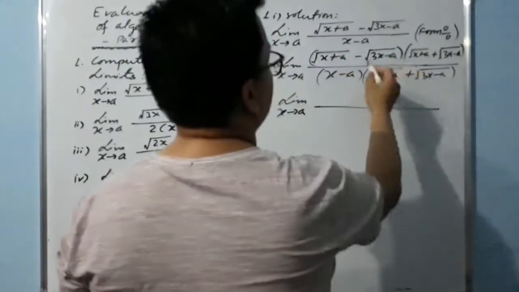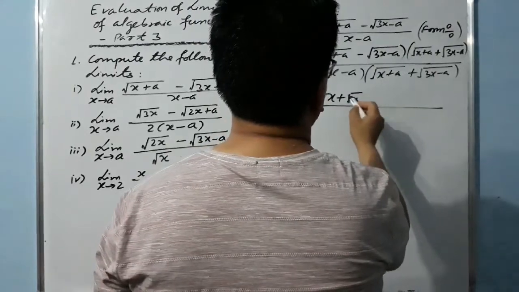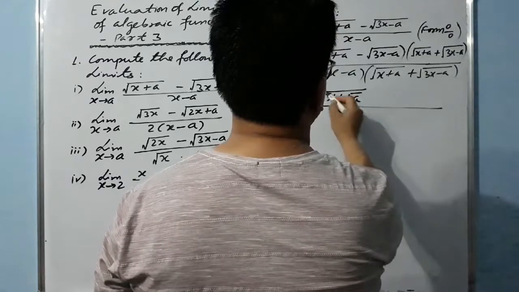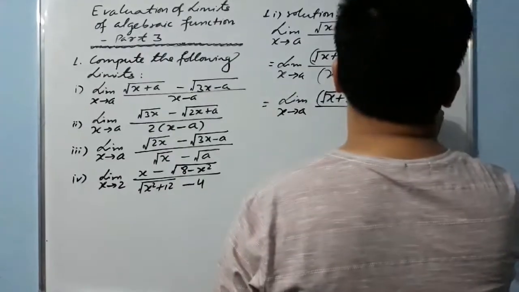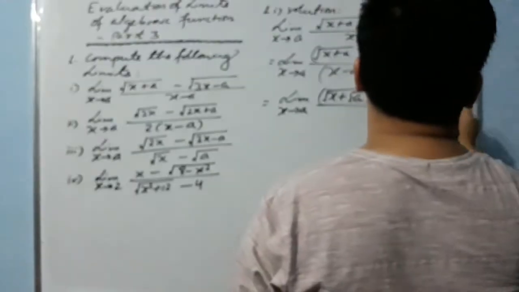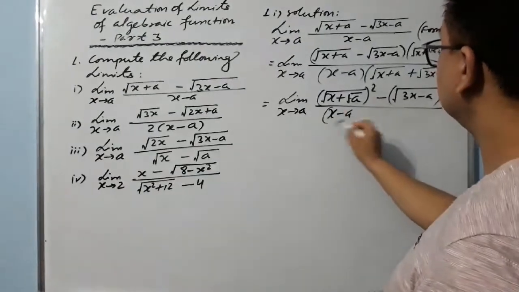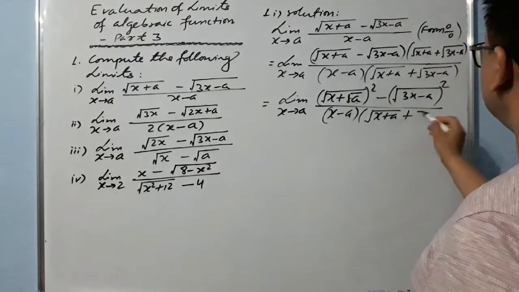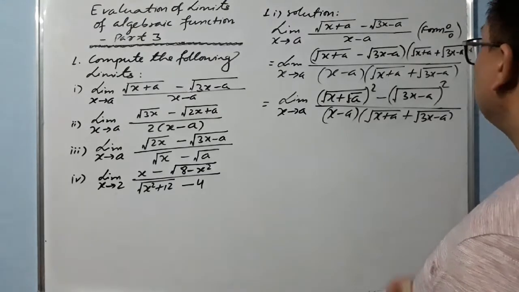Limit as x tends to a of, if you simplify, you will get root x plus a whole square minus root 3x minus a whole square, over x minus a into root x plus a plus root 3x minus a.